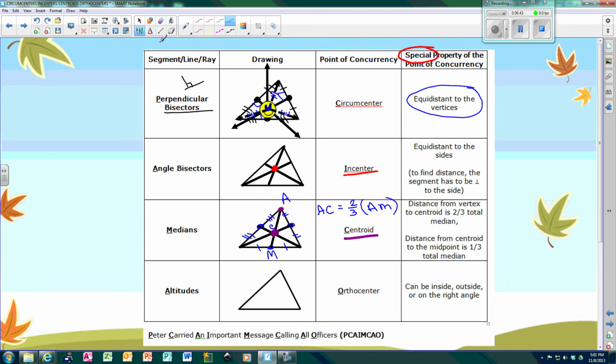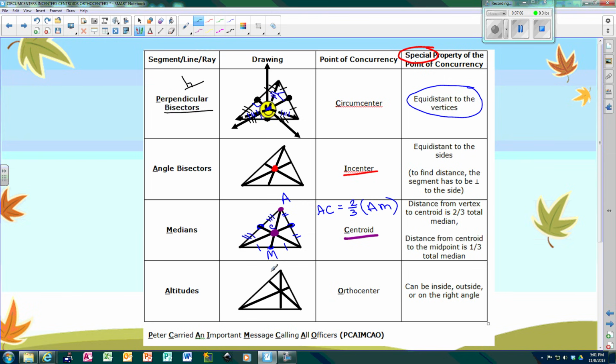All right, and then our next one is an altitude. This one is, I think, pretty easy because you just go to your corner and drop a line straight down. Go to the corner, straight down. It doesn't have to be at the midpoint or anything.